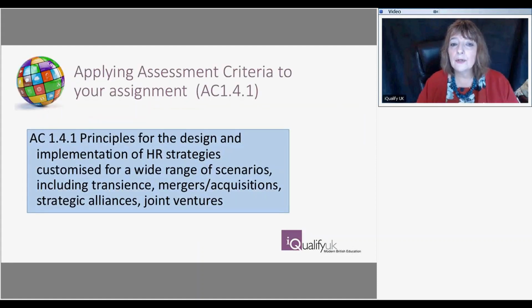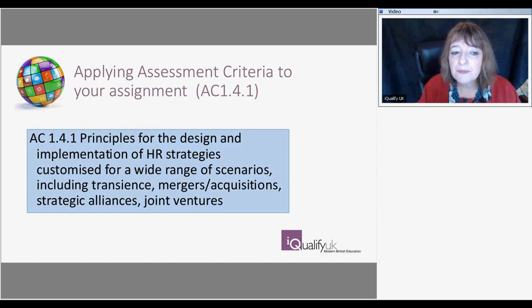So now let's look at applying assessment criteria 1.4. And that is the principles for the design and implementation of HR strategies. These are the indicative content, but there was a particular relevance.